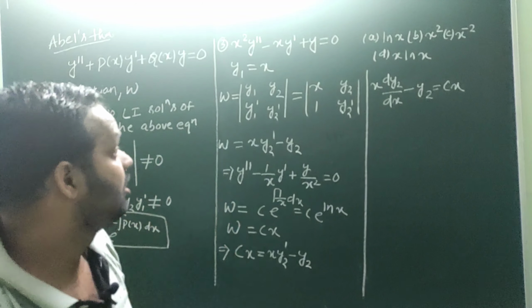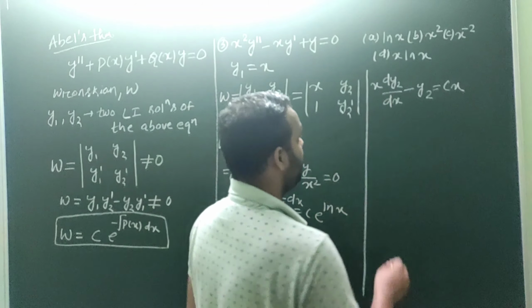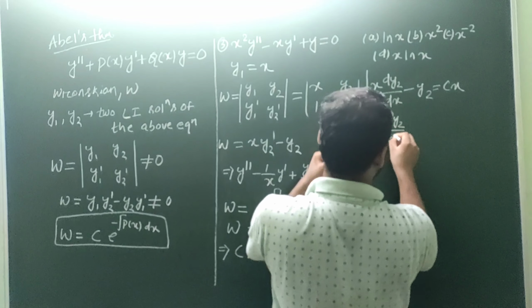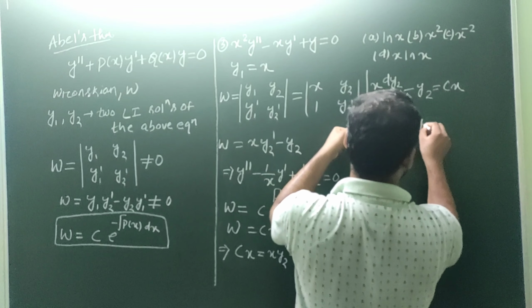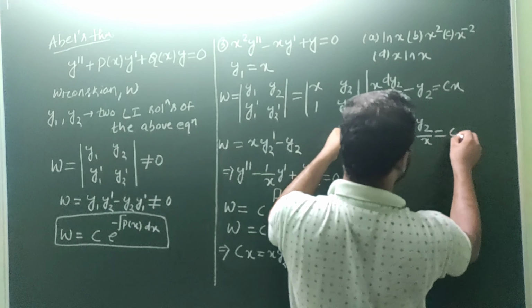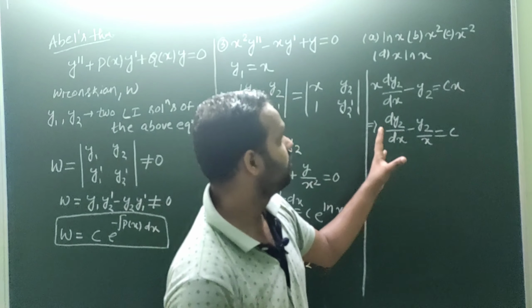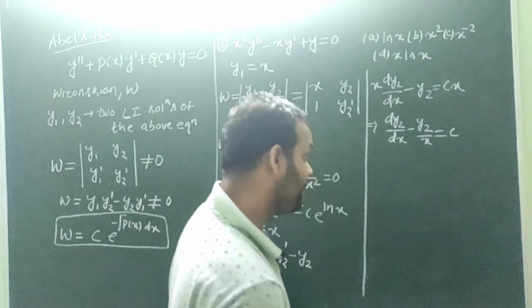Just divide by x everywhere, and you will get dy2 by dx minus y2 by x is equal to the constant C. And you can find the integrating factor, and finally you can get y2.